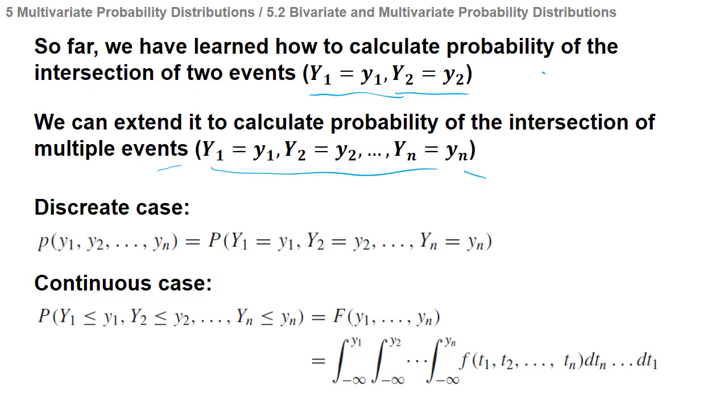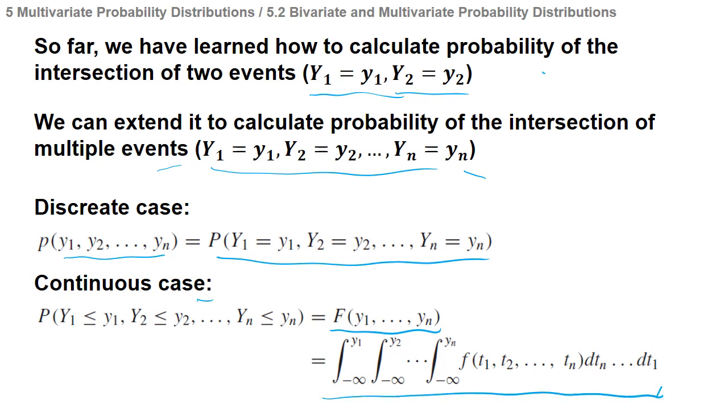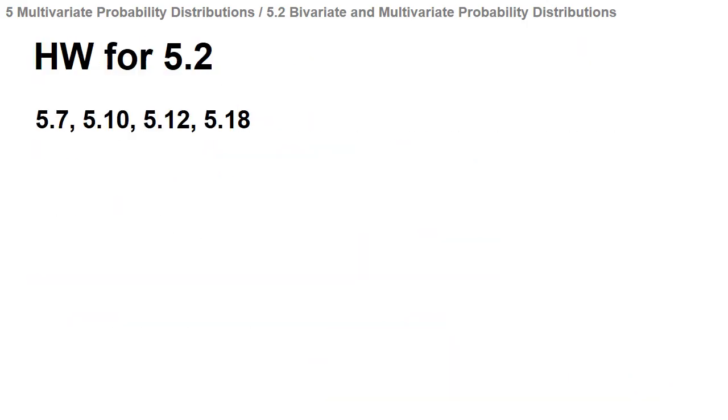So for the discrete case, we can specify the probability of multiple events p(y1 to yn) as this one. And for the continuous case, the distribution function F of y1 to yn can be specified as something like this. Okay, so that's it. And the homework problems for chapter 5.2 are these.